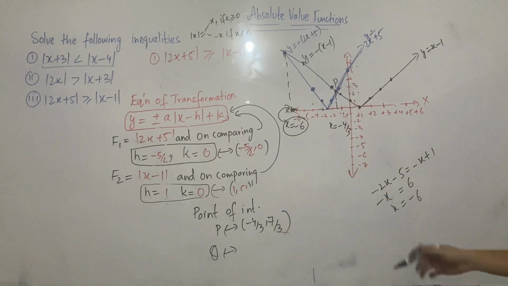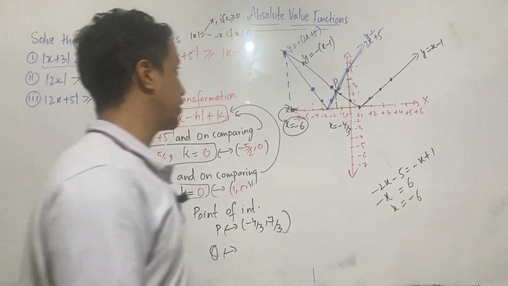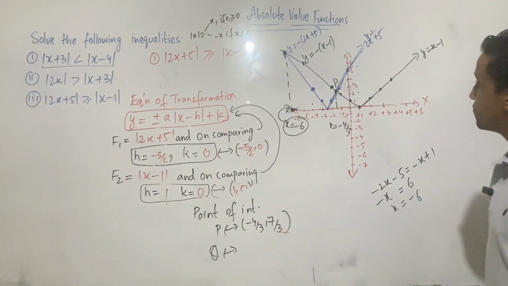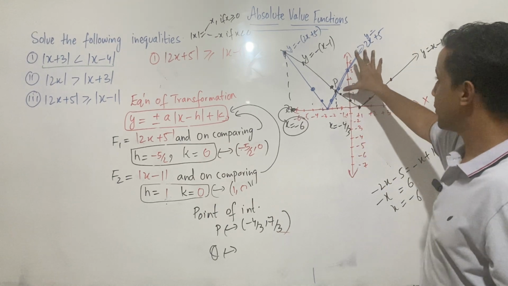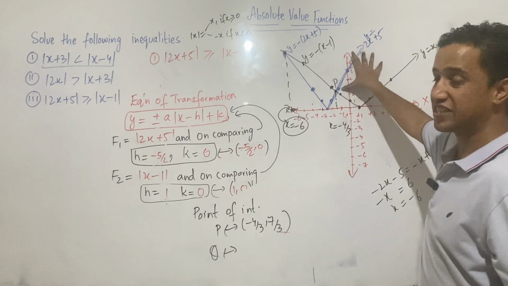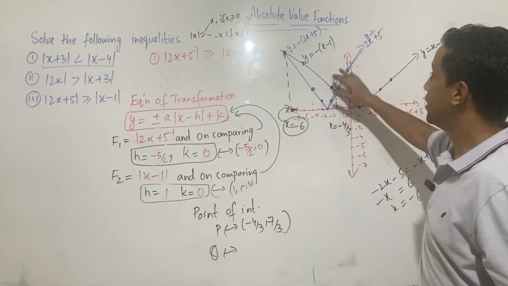Now come to the question, 2x plus 5 greater than x minus 1. What you have to find is the region where the blue curve stays above the black curve.